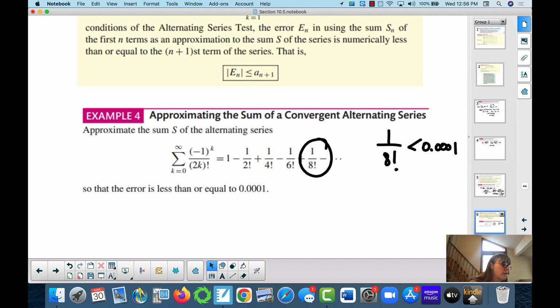So now I can just estimate the sum. Instead of going to infinity, I'm just going to add the first 4 terms. So that would be 0 to 3.